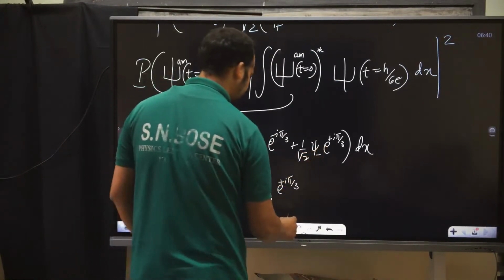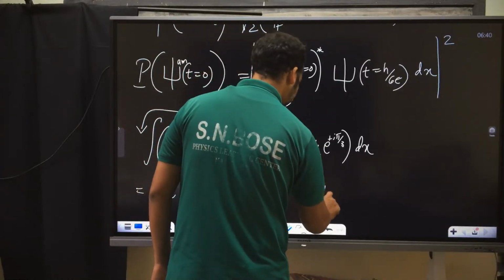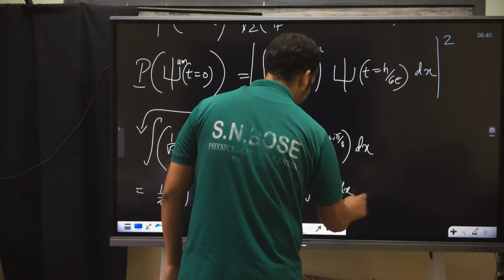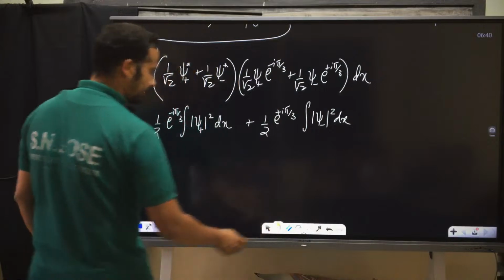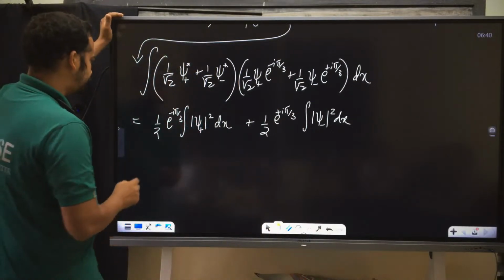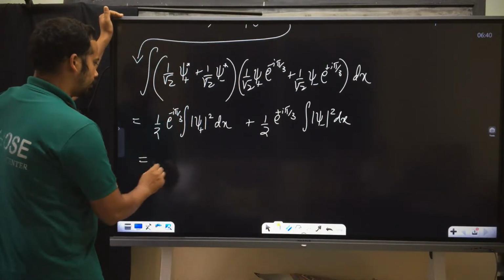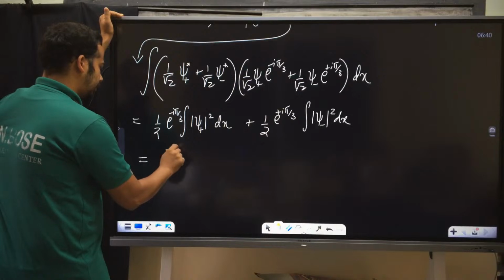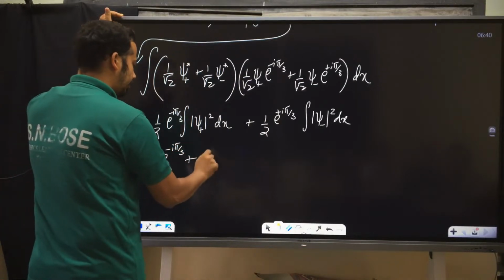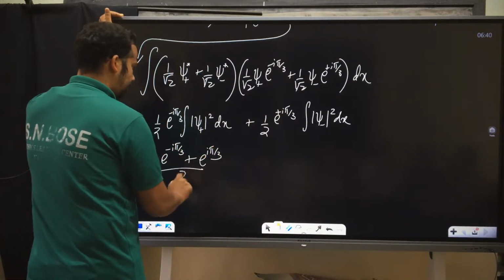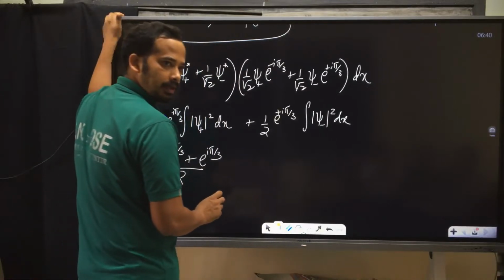Psi minus psi minus. What is this one? Integral mod of psi minus square dx. He mentioned they are orthonormal, I think. So this is equal to e power minus i pi by 3 plus e power i pi by 3 divided by 2. Am I right?